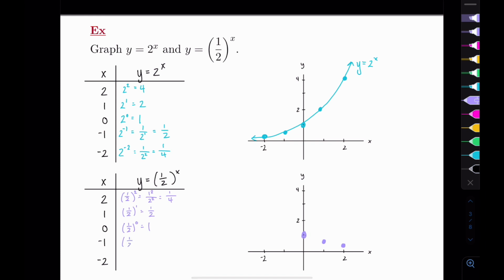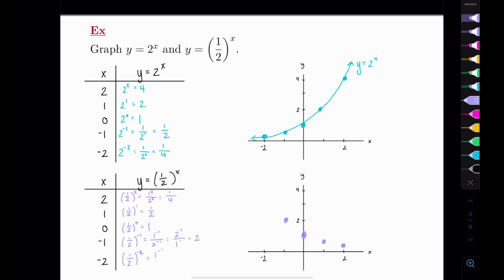And now when we plug in negative numbers, we still distribute. So this is 1 to the -1 over 2 to the -1, and we have to flip both of these to make them positive. So it becomes 2 to the first over 1 to the first, which is really 2 divided by 1. So I'm having the opposite effect when I plug in negative numbers; this is when I'm getting something big. And then the same thing when we plug in -2 as the exponent.